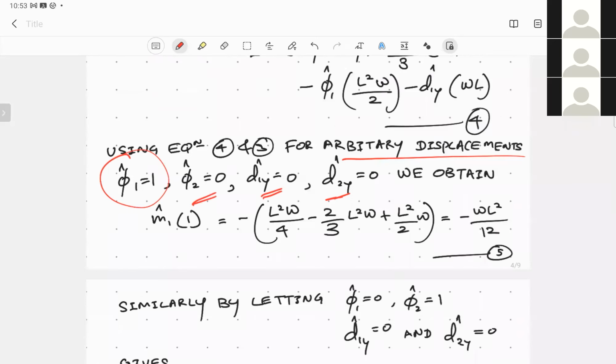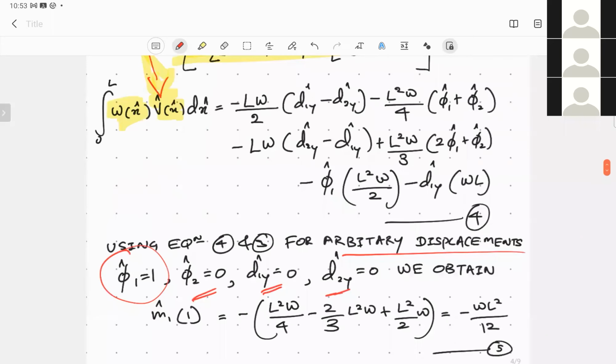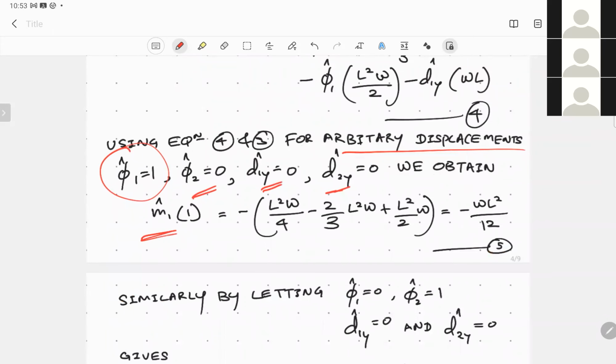We can reduce the terms and obtain the equation for bending moment at length L. You would end up getting minus WL times WL squared by 2.